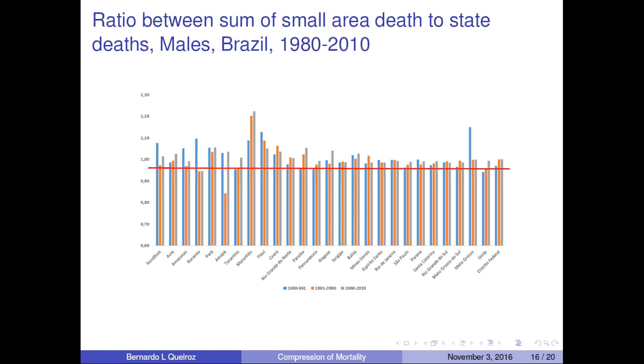And then we produce estimates of the 45q15. I'm not showing it here, but when we compare the state level and the progress of the country, we see that they're quite reasonable. Where one would expect higher mortality levels, we find higher mortality levels, where one would expect lower mortality, we find lower mortality.